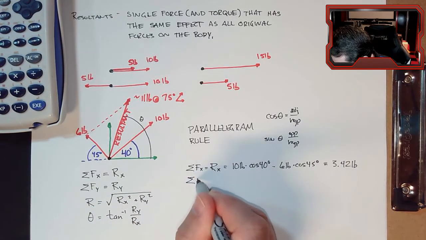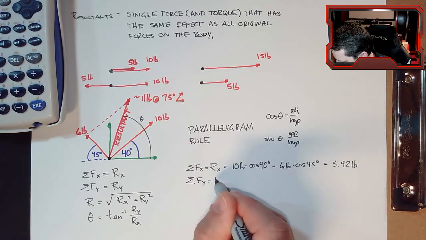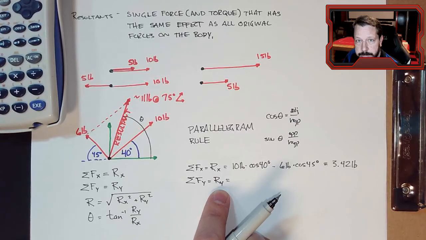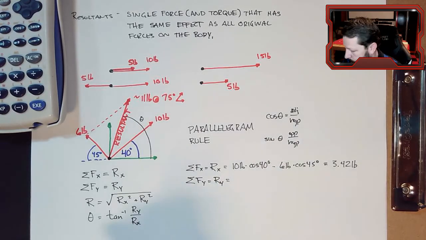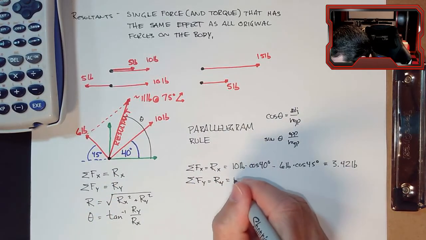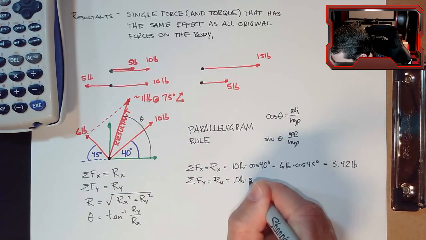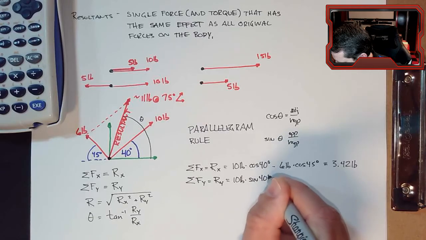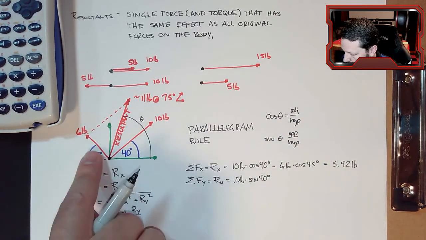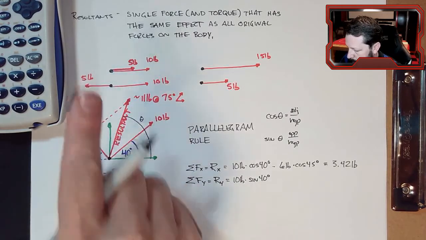Then we can do summation of forces in the y direction, and that's going to give us the y component of the resultant. So 10 pounds times the sine of 40 degrees, and then we have 6 pounds, also plus, because both of these forces are in my positive y direction.